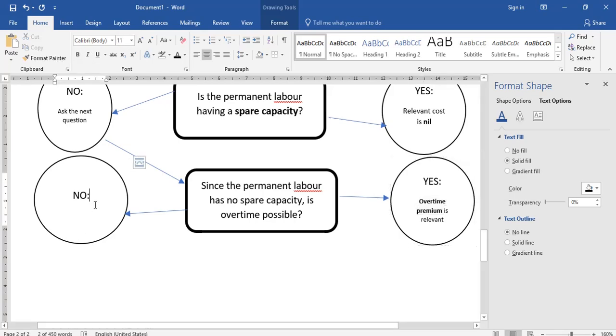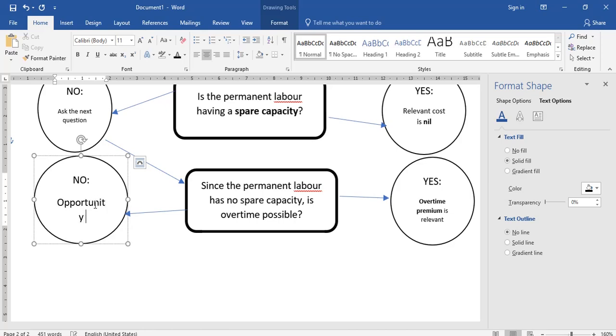Then if there is no overtime possible, then opportunity cost is relevant. So if overtime is not possible, then opportunity cost is relevant. So it's either you stop that project or you stop existing job to do that project.